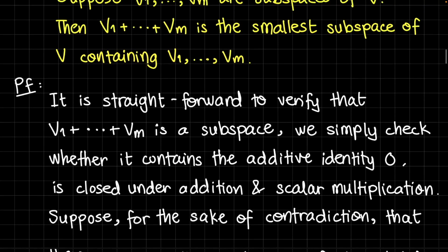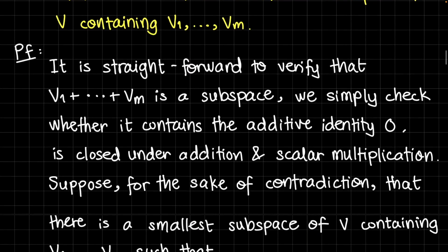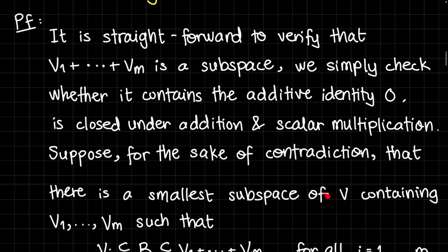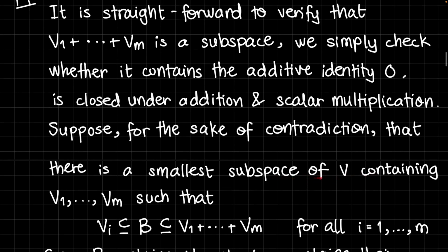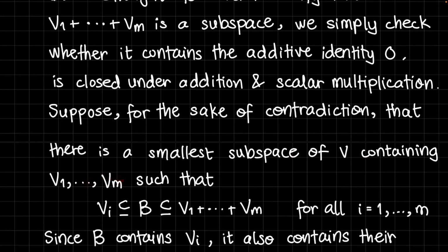Now let's prove that it's indeed the smallest one that contains the subspaces V1 through Vm. So suppose for the sake of contradiction that there is a smallest subspace of V containing V1 through Vm that's not the subspace sum.